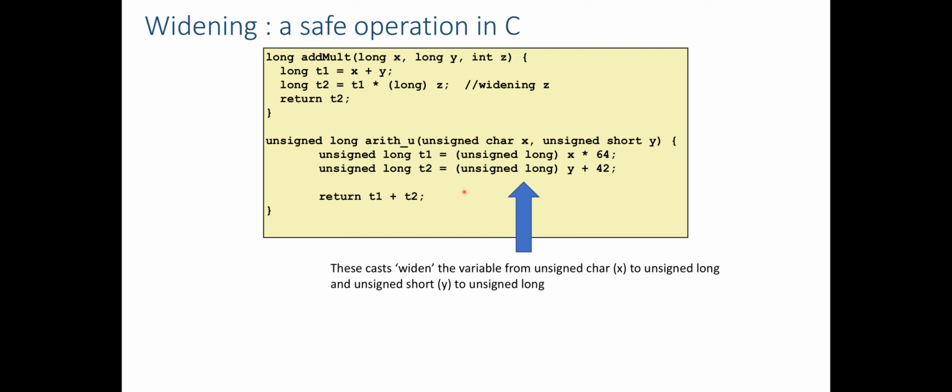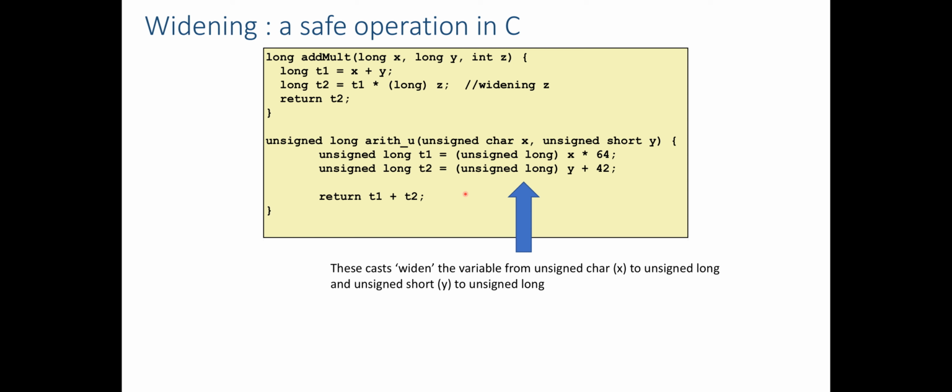And here's another one using unsigned, where the parameters that came in were chars, and then they were widened into unsigned longs by doing this casting here. This is typically the way we want to do this to ensure that we are using the same types when we're working. And you saw this in some of your previous work in the course.